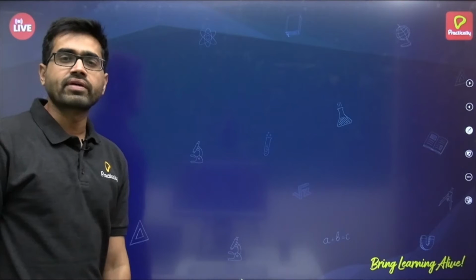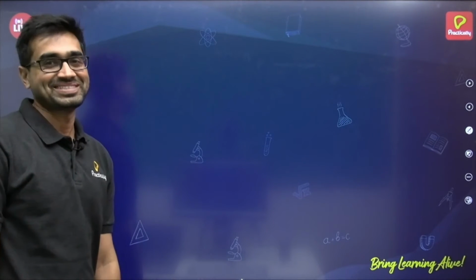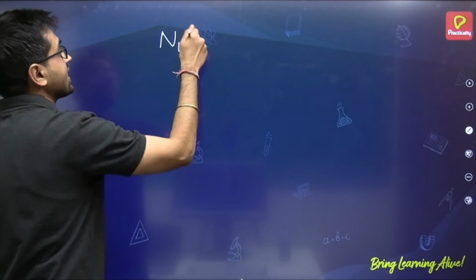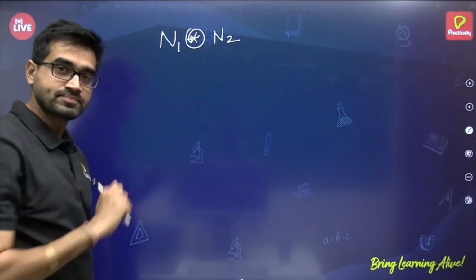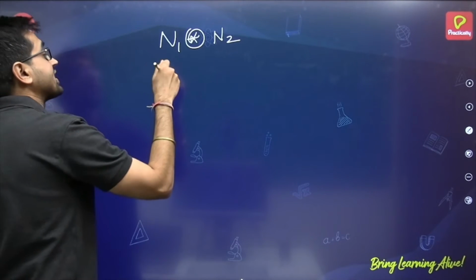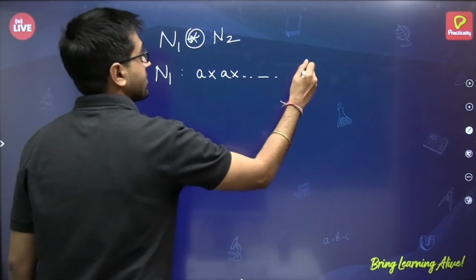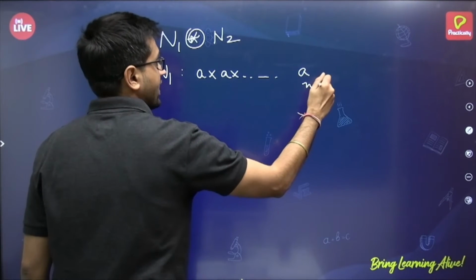Okay, let's move to another one. What happens if I divide them? I'm just doing this thing. I am saying, just now I told you, any operation I can perform, correct? What if I now take n1, a number which is nothing but a multiplied by itself n times?